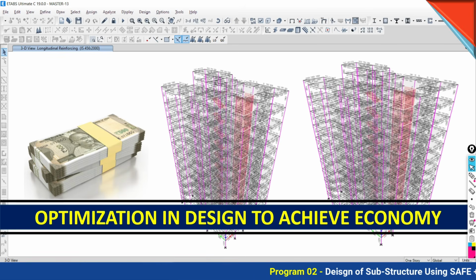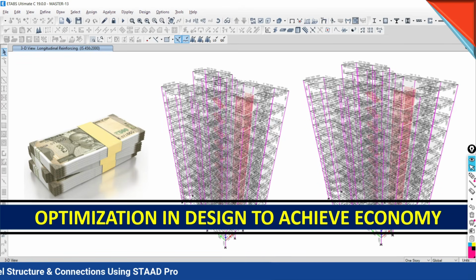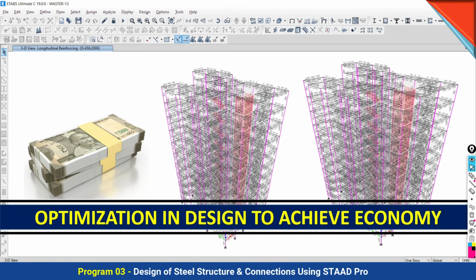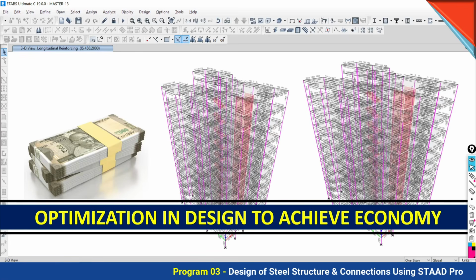Now whose design result is going to be accepted, you can understand. That is called optimization. Where can we cut the section size, where can we cut the reinforcement, where can we make savings? How can we make your structure design economical? People sometimes ask questions.